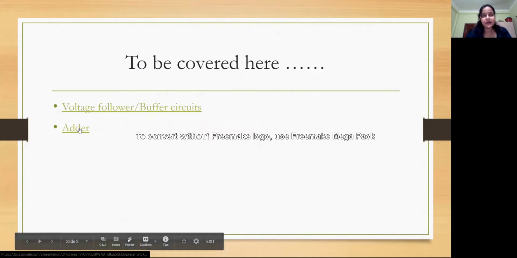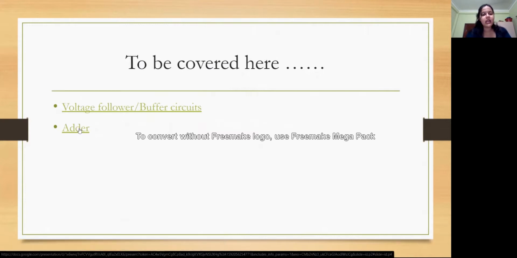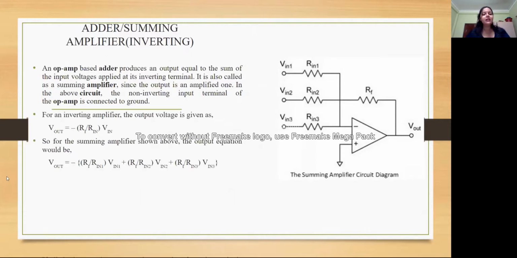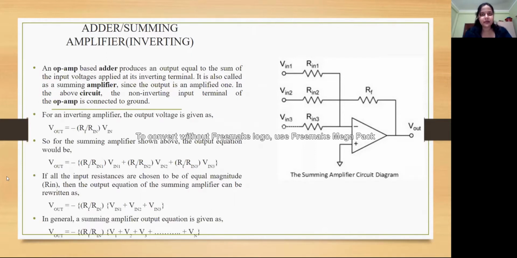Next is the adder. Very important. Yes, the adder or summing amplifier, an amplifier that adds the input voltages. First, look at the diagram. Here we can see an op-amp connected with 3 input voltages and the output is obtained with a feedback resistance RF.